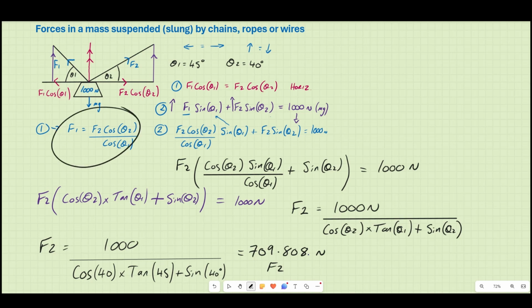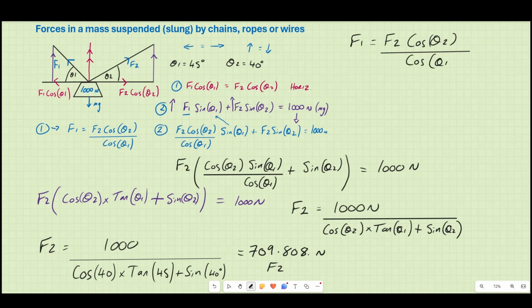From equation 1 here, we can find F1. So F1 is equal to F2 times the cosine of theta 2 over the cosine of theta 1. And we know all of those numbers.